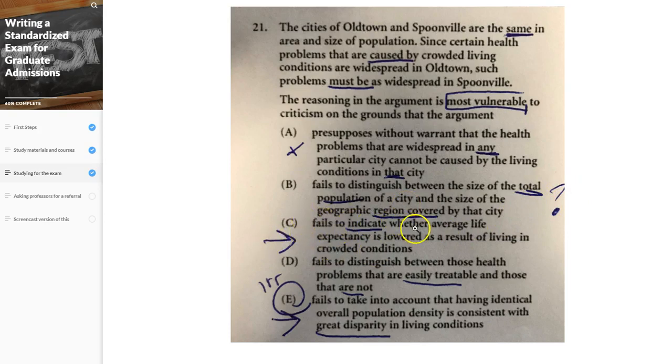C. Fails to indicate whether average life expectancy is lowered as a result of living in crowded conditions. Are we talking about life expectancy? Crowded living conditions are widespread. Health problems are widespread. I think life expectancy is a new term.